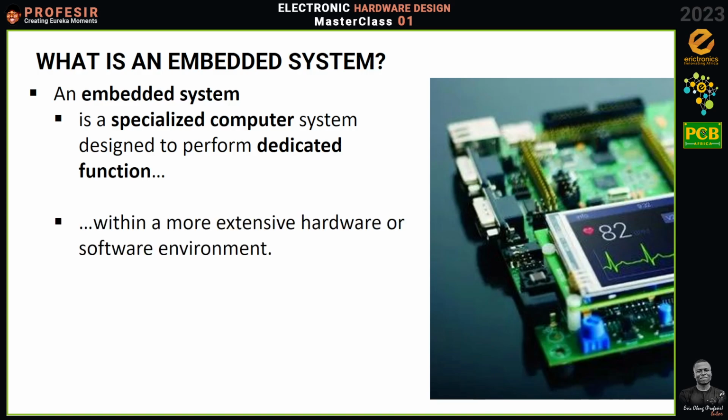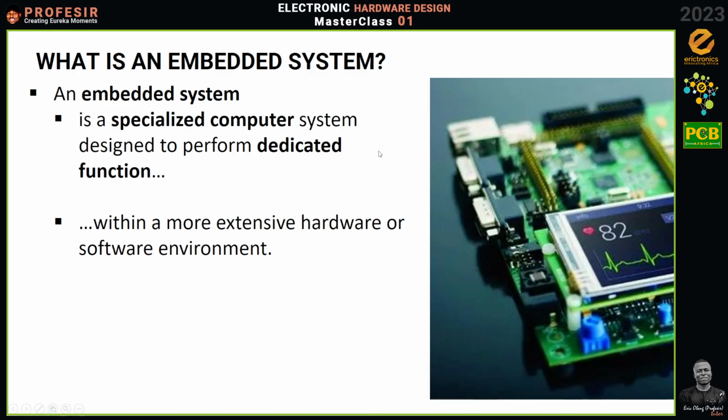There are situations where I had to design software, but then I also had to build an embedded system client for it to communicate with that software. So it can be used to extend a hardware function or even in a software environment.